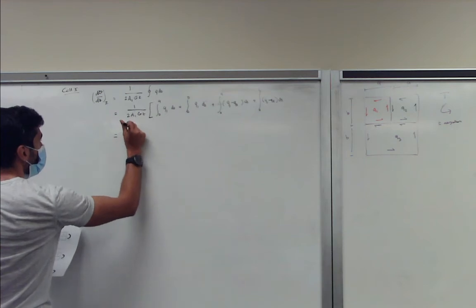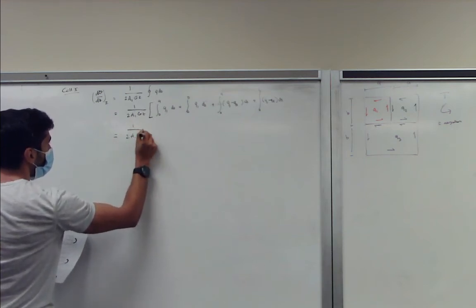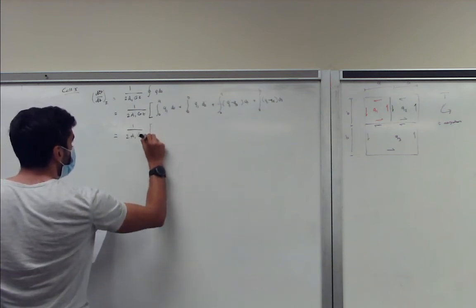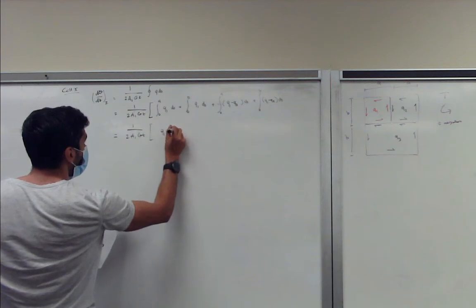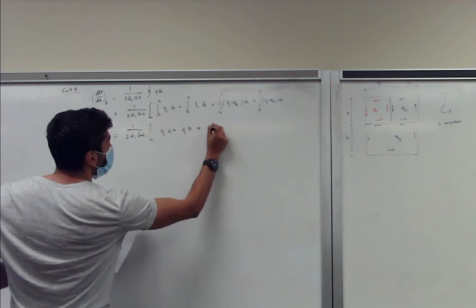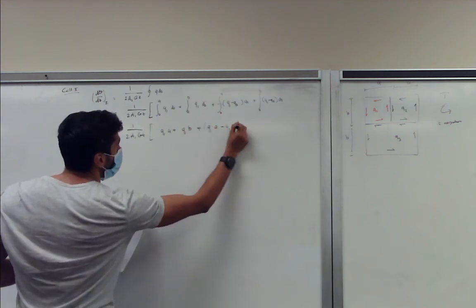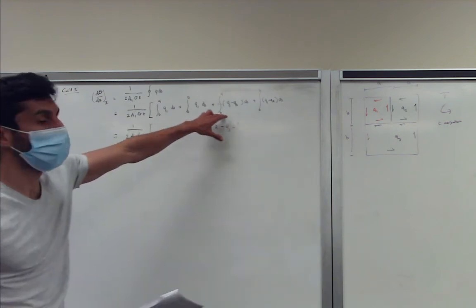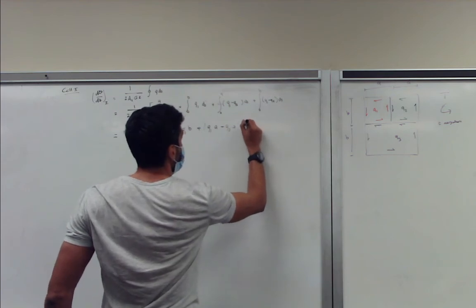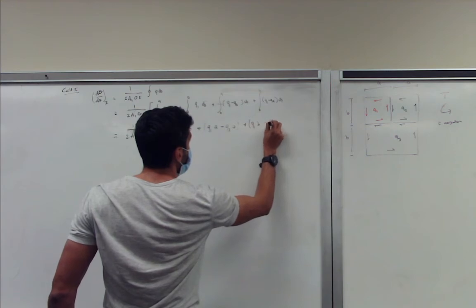It becomes 1 over 2 times area 1 GT, and then this becomes Q1A plus Q1B plus Q1A minus Q3A. So I just expanded this bracket, plus we get Q1B minus Q2B.